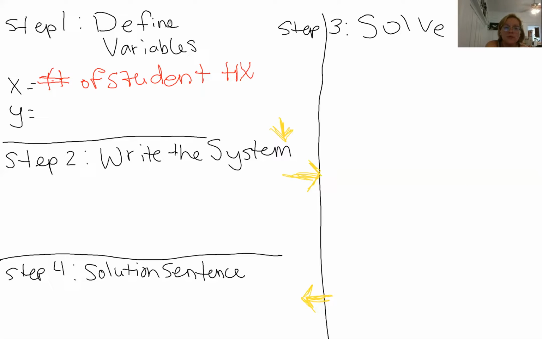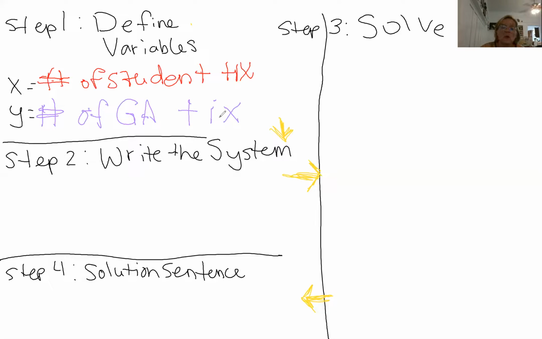Our Y value here is going to be the number of general admission tickets. Okay, that's step 1. That's all you have to do: say X is going to be this, Y is going to be this.